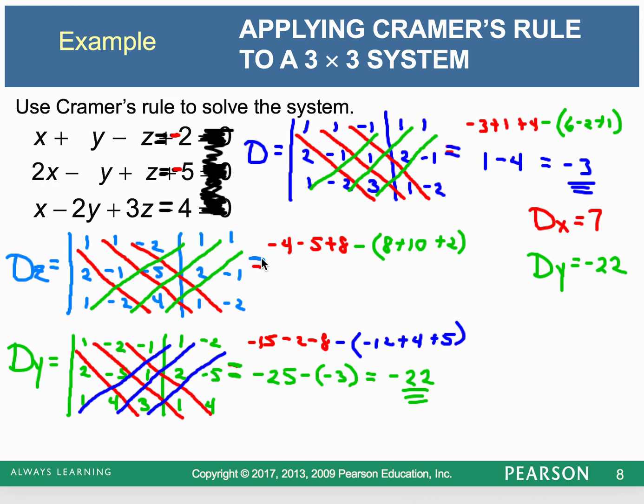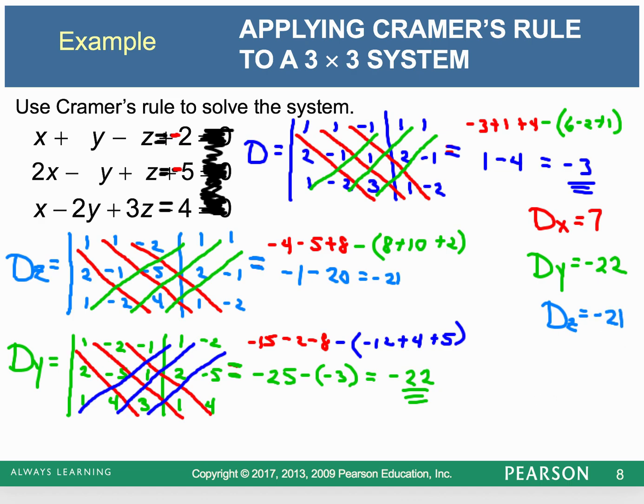Okay, so this determinant equals negative 9 plus 8, negative 1 minus 20, negative 21. So d sub z equals negative 21.